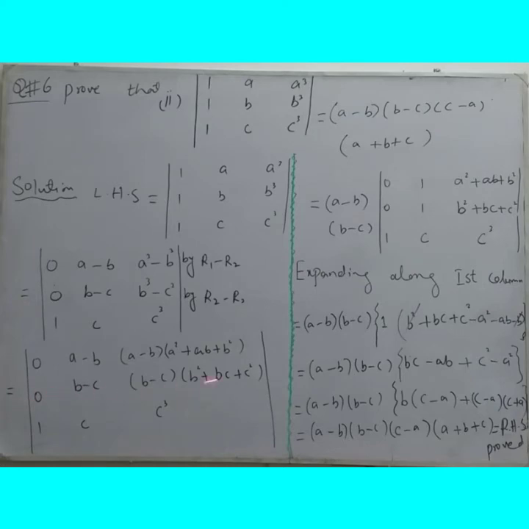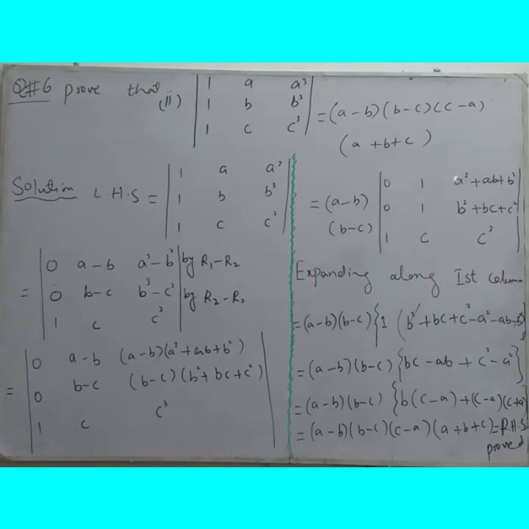Similarly, from the second row we will take b minus c common. So the first term is 0 as it is. For b minus c it becomes 1, and for the last only b square plus bc plus c square will be left. Now this determinant can be expanded easily by using the first column, because here two terms are 0, so we will only use the third term, writing expanding along the first column.